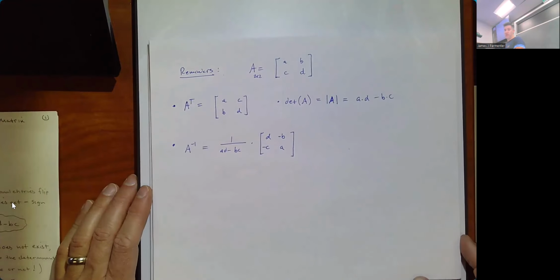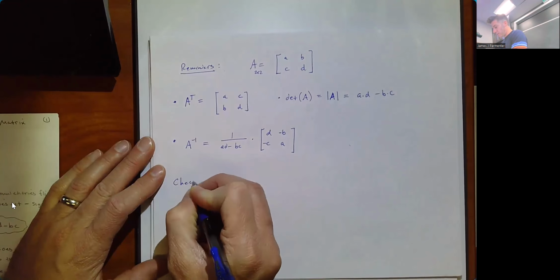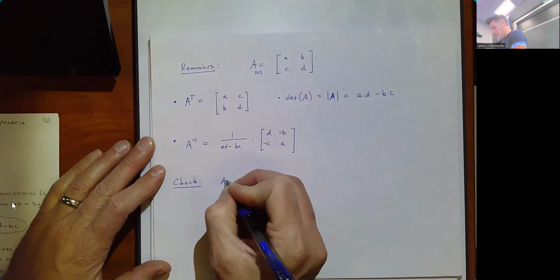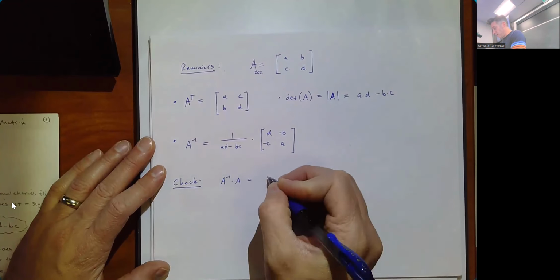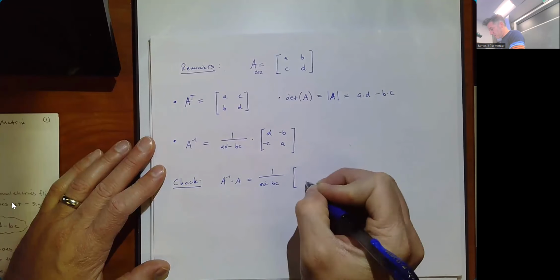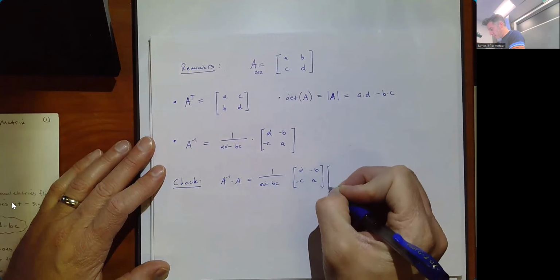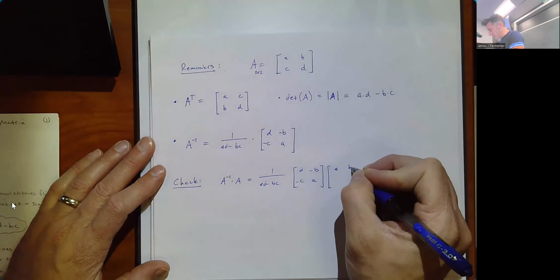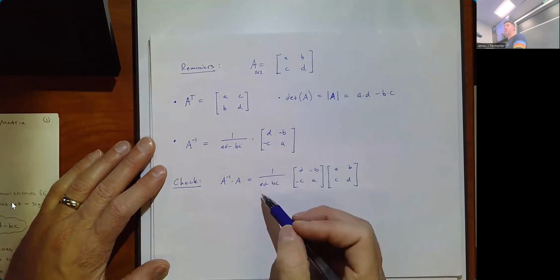And what's kind of cool about this is you can totally check it. Let's check. If we multiply A inverse by A, well, let's actually do it. A inverse is 1 over AD minus BC, times the matrix D, negative B, negative C, A, times A, which is A, B, C, D. Ignore this constant out in front for the moment.